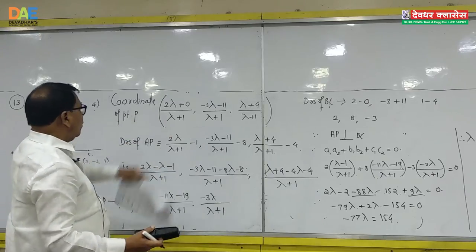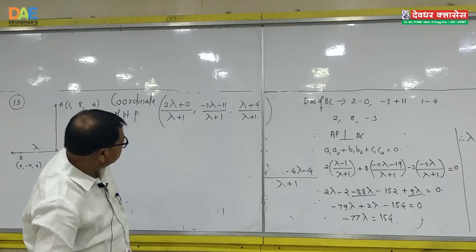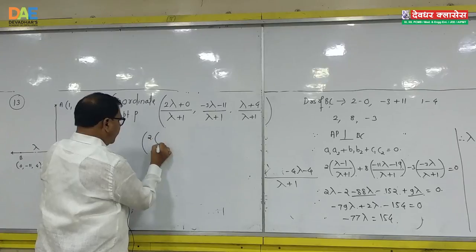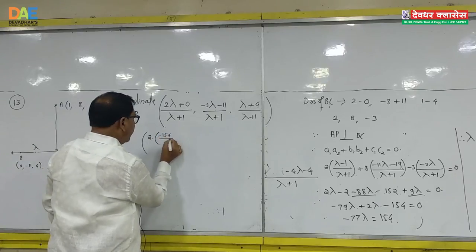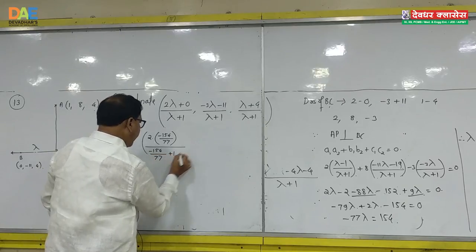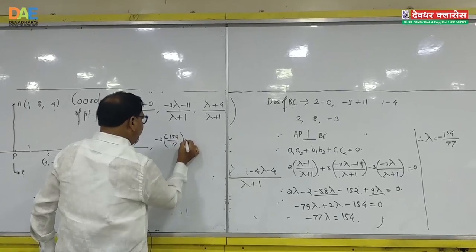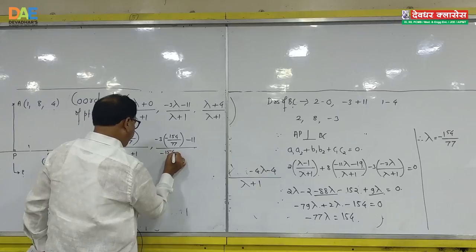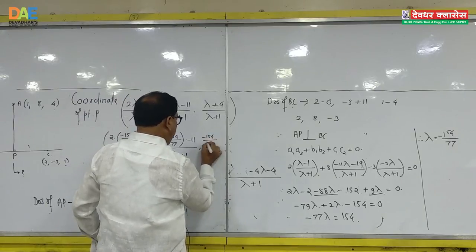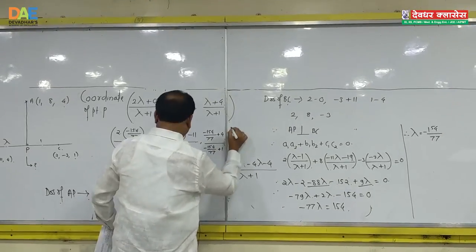The coordinates of point P are 2 lambda plus 0: 2 into (-154 upon 77) upon (-154 upon 77 plus 1), comma, (-3 into -154 upon 77 minus 11) upon (-154 upon 77 plus 1), and (-154 upon 77 plus 4) upon (-154 upon 77 plus 1).